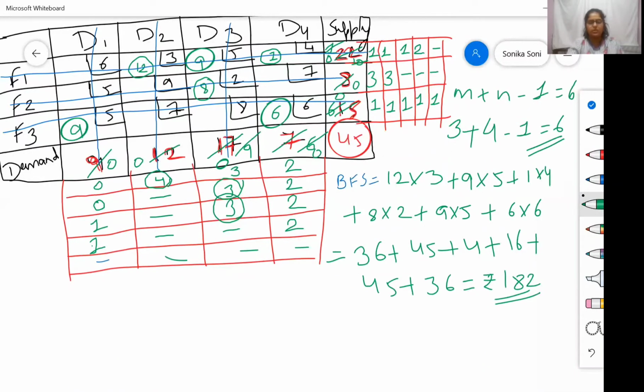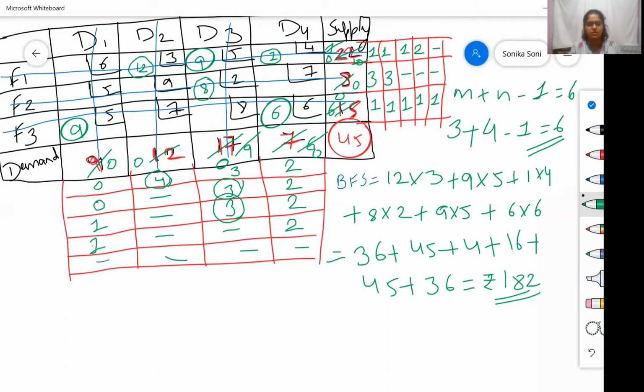Now, as we solved two questions of each method, NWCM, LCM, and Vogel's approximation method, we can tell that Vogel's approximation consumes a little more time, but it is the one used in future problems because it gives the lowest transportation cost.